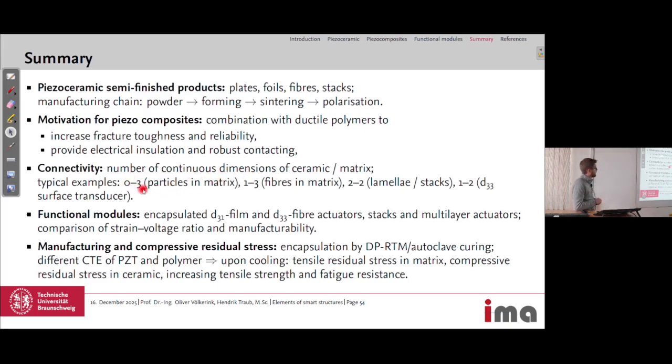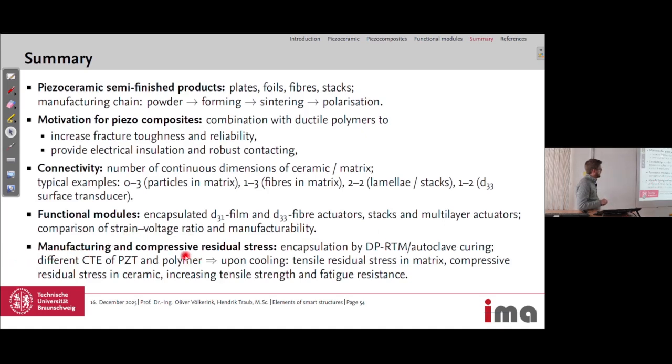We learned a bit about connectivity. So different connectivities form different composites from piezoceramics and polymers. Then we had a look at the functional modules, especially D31 film and D33 fiber actuators, so planar actuators, but also stack and multi-layer actuators.